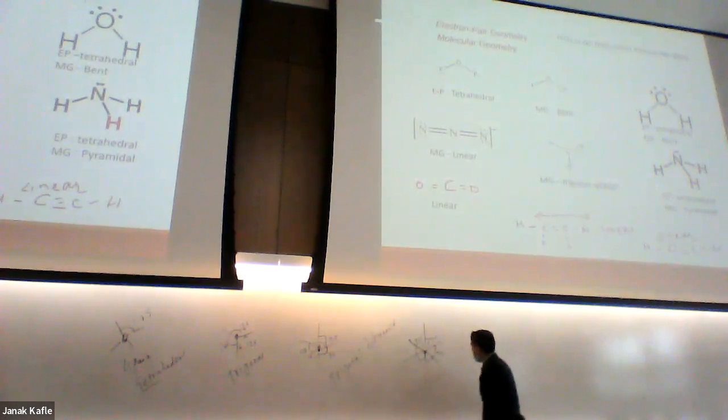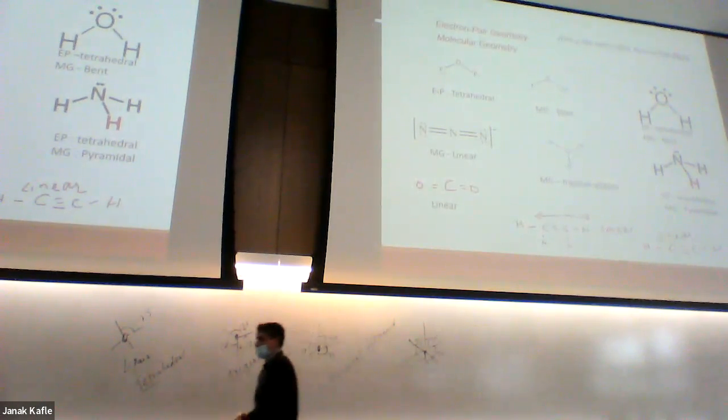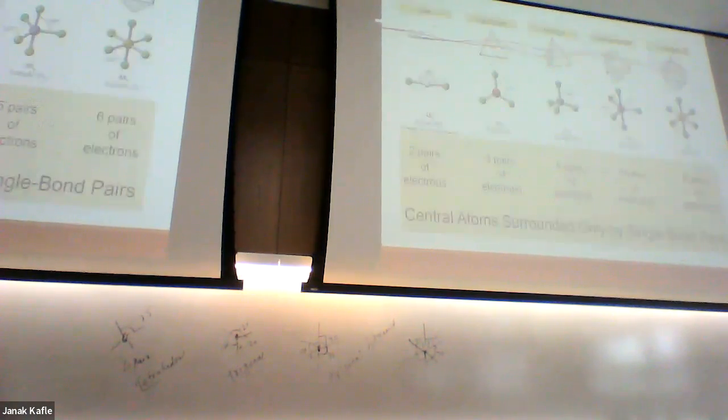Look here. This is trigonal bipyramid. This is called octahedral. Look at this one: one is going up, one is going down, and 4 are around the equator.